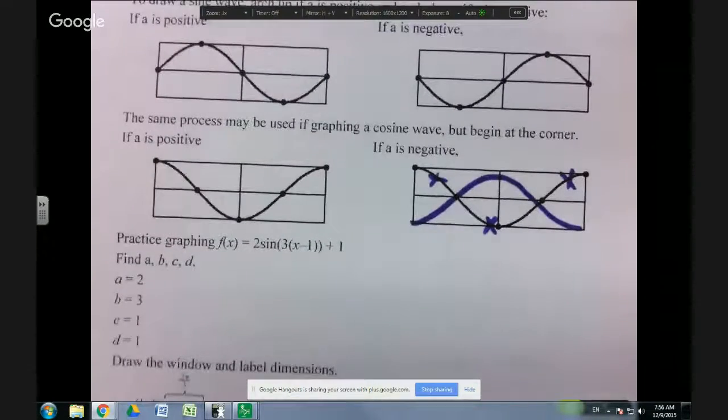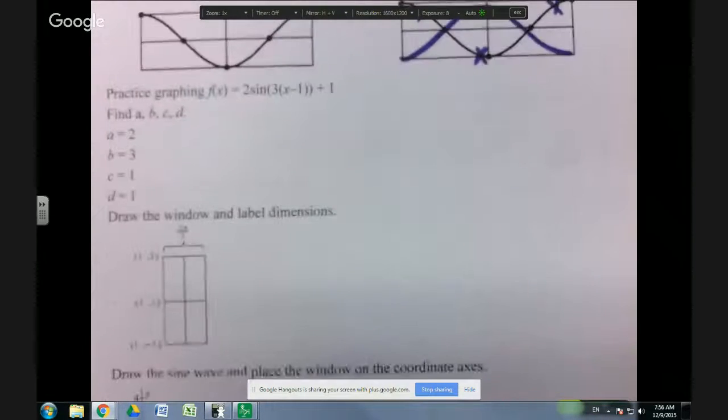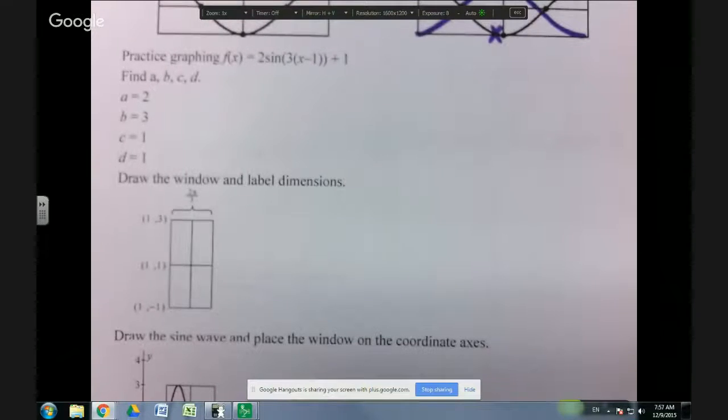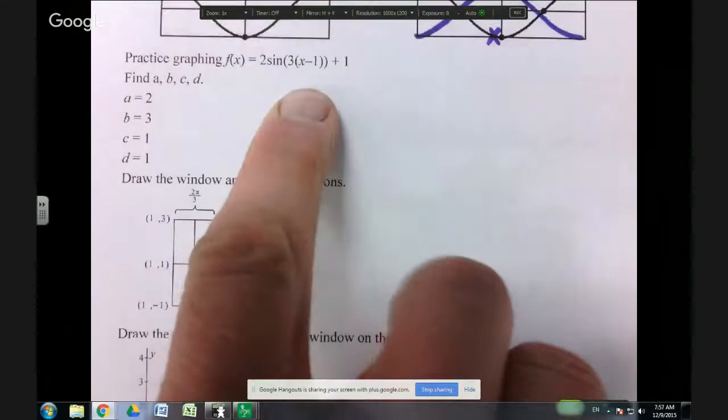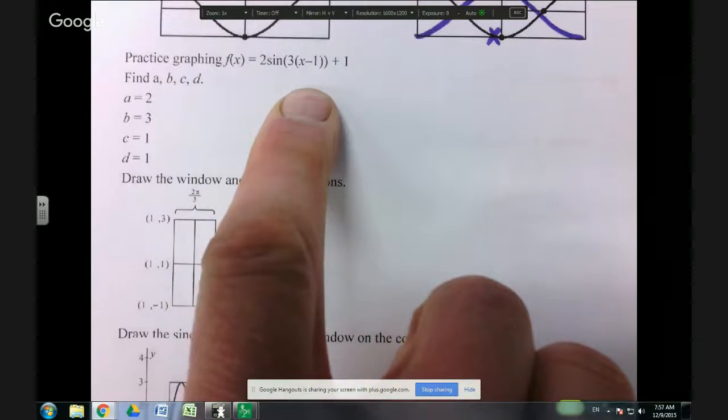I'm going to show you an example using that function right there. Can you guys see it? So if you're taking notes here, please do write that function down.